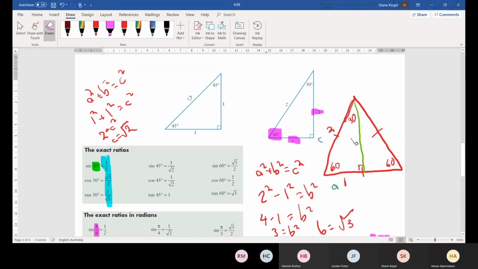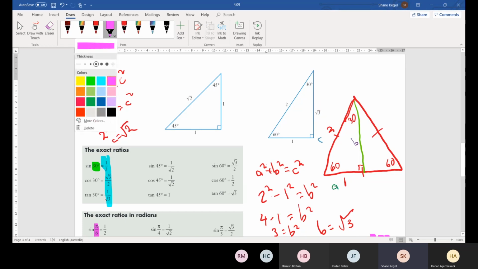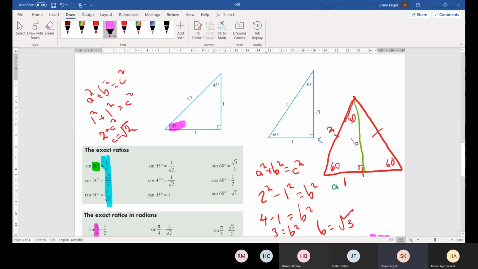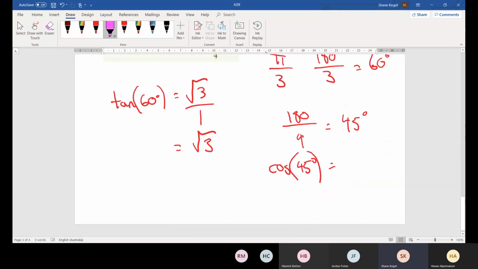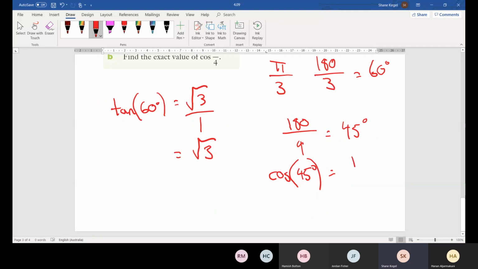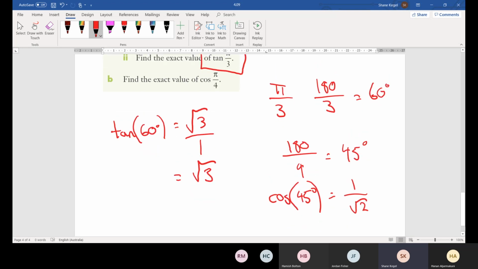What is cos 45 exactly equal to? Well, cos is A over H, so I've got 1 on root 2. And that would be my answer. I can't simplify that, well, not nicely. So the exact ratio for cos 45 is 1 on root 2. It's pretty much as easy as that.